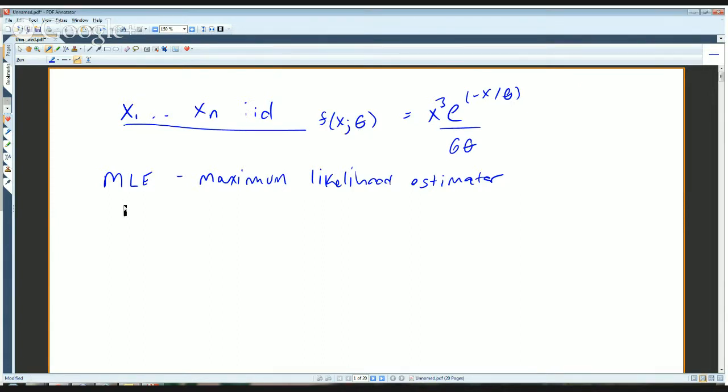The idea of the MLE is that, because these observations are independent and identically distributed, we take the product, i equals 1 to n, of the density f of x evaluated at the data points, and multiply all those together. That creates an object that is called the likelihood.